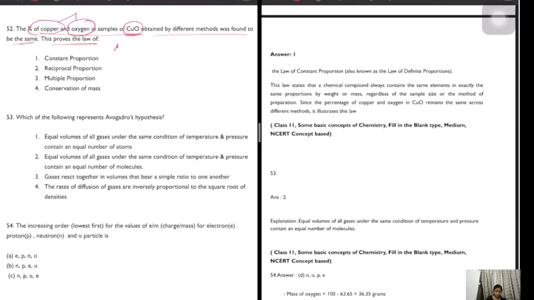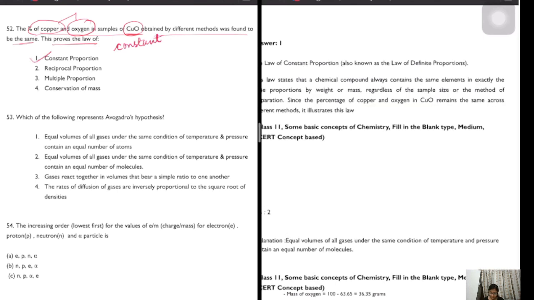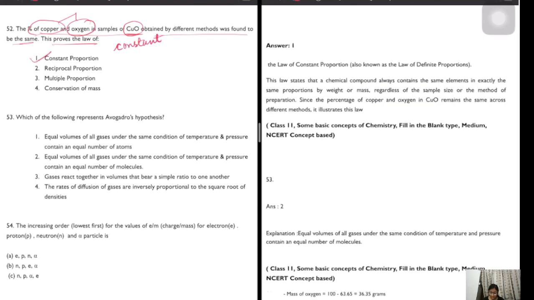These have constant proportion, right? The answer would be 1, which states that a chemical compound always contains the same elements in exactly the same proportions by weight or mass, regardless of the sample size or the method of preparation. Here, what is given? Method of preparation. So the statement says that it does not depend upon that. The percentage will remain constant.